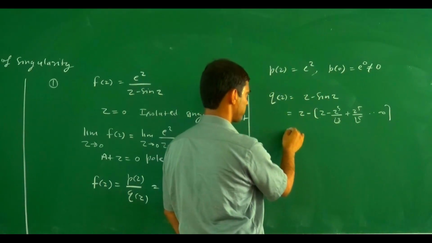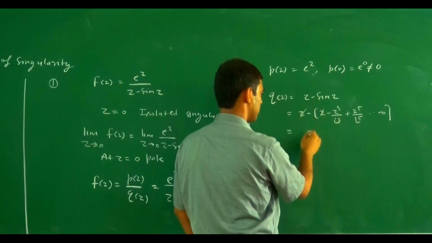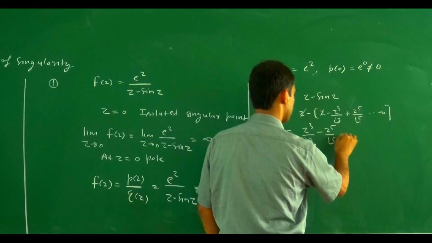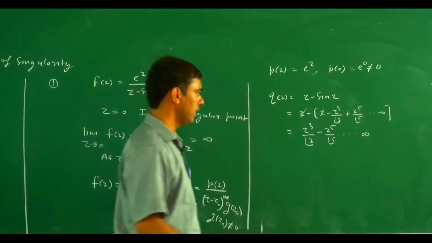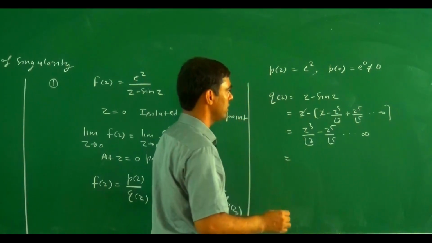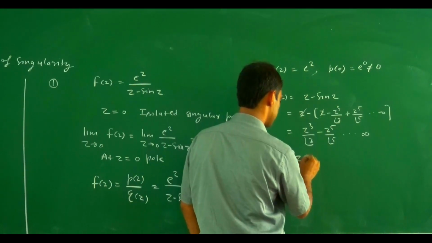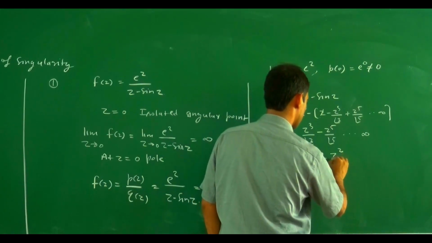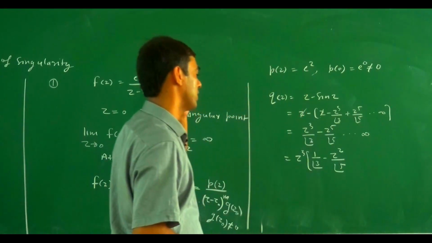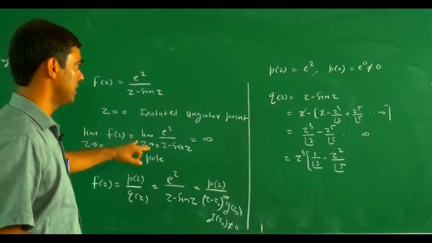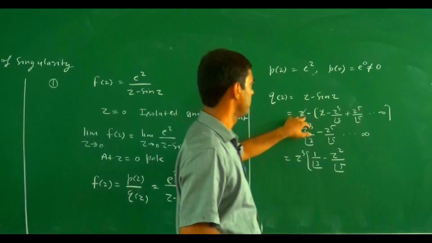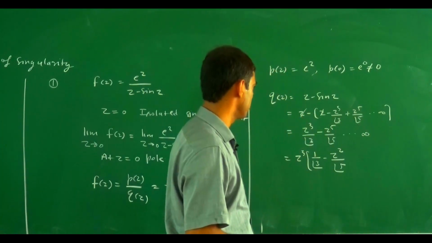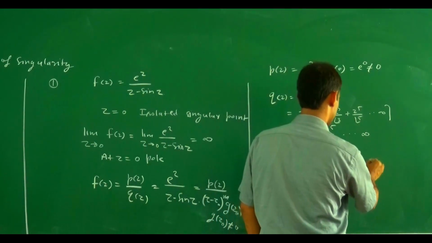So z minus sin z: z and z cancel out, so this becomes z cube upon factorial 3 minus z to the power 5 upon factorial 5, and so on. If we take z cube common, this becomes 1 upon factorial 3 minus z squared upon factorial 5, and so on.